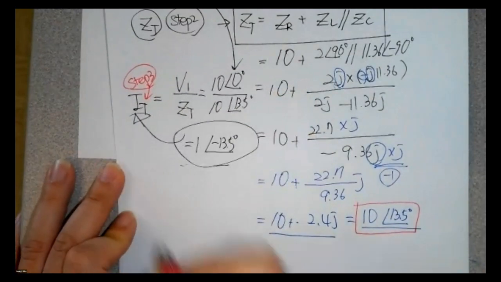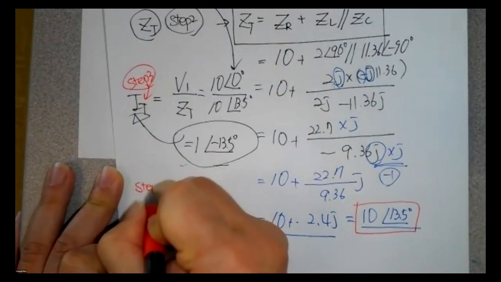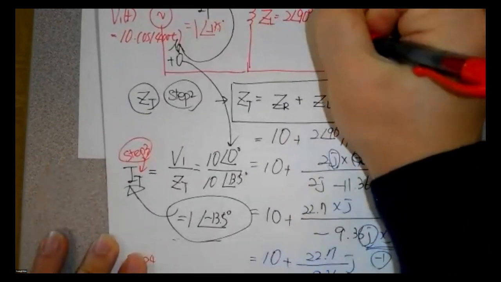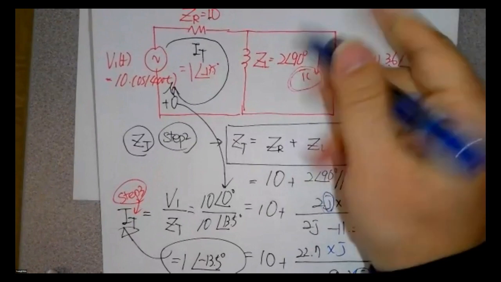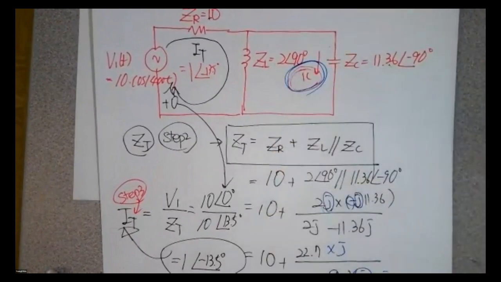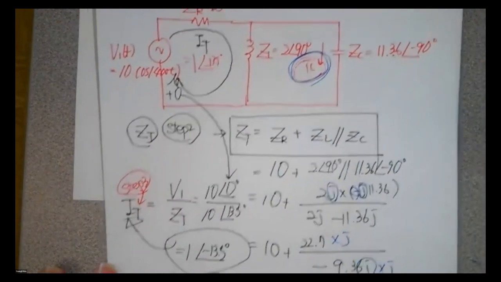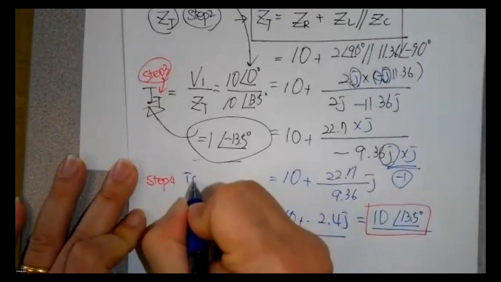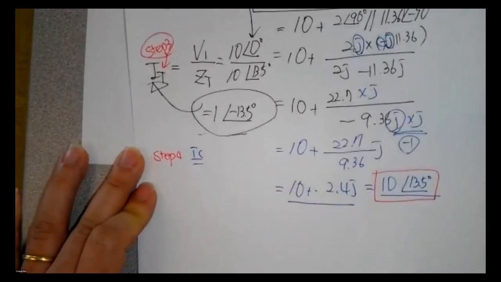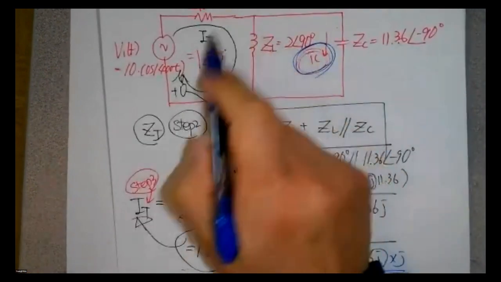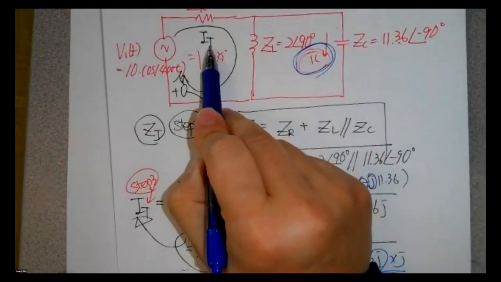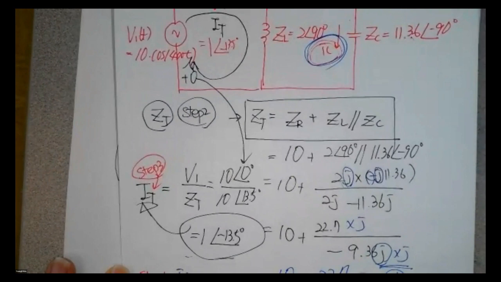Okay, the last step, step 4. The question is asking for I sub C. That is what we wanted to find. So how can we find I sub C? I sub T is the total current.